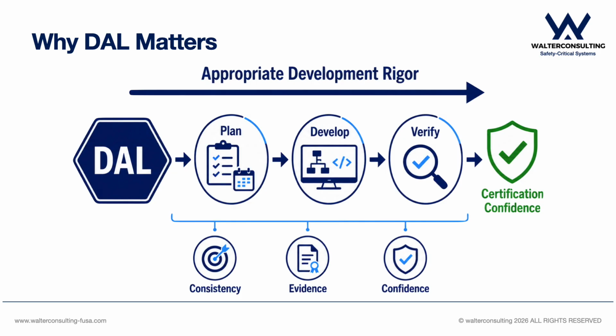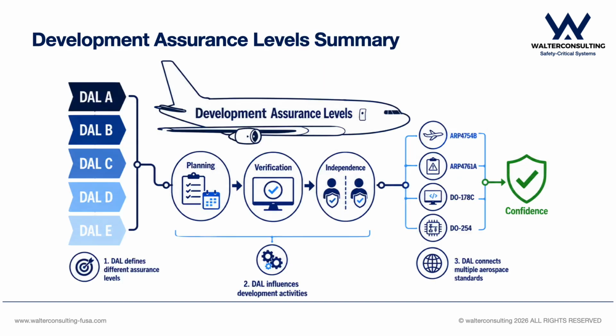Before we finish, let's summarize the key ideas. Development assurance levels are a fundamental concept in modern aerospace engineering. They help determine the level of development assurance required for aircraft systems. Rather than measuring product quality, they define the engineering rigor expected throughout the development lifecycle.